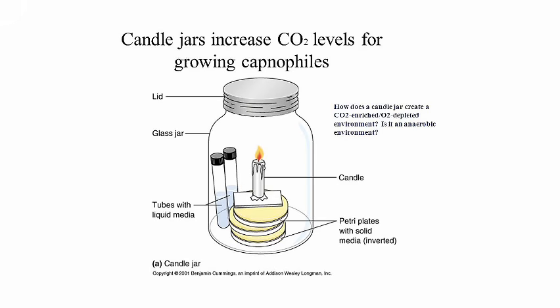Usually, it is done in makeshift jars, and then we place our bacteria there to grow in a capnophilic environment. And then we use a lidded, unscented white candle, and we just insert it inside the jar. And then we allow the natural extinction of the candle as the carbon dioxide increases inside.